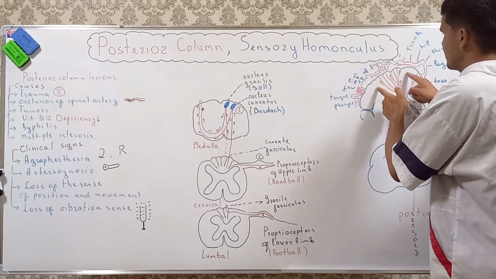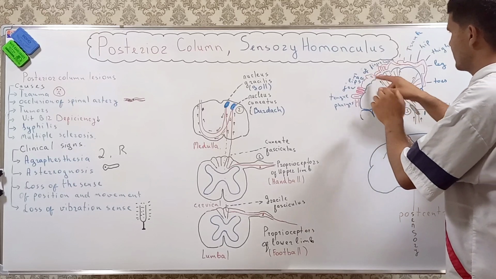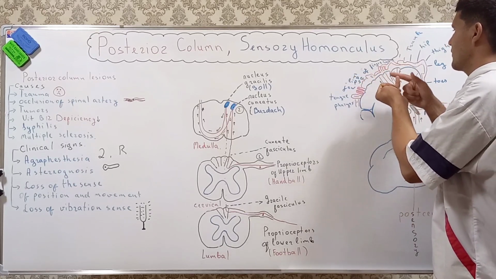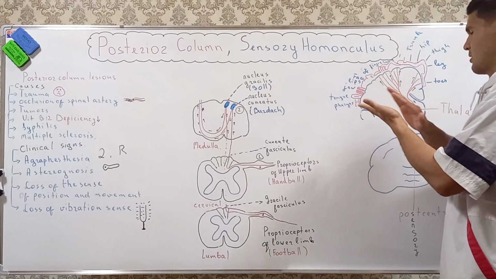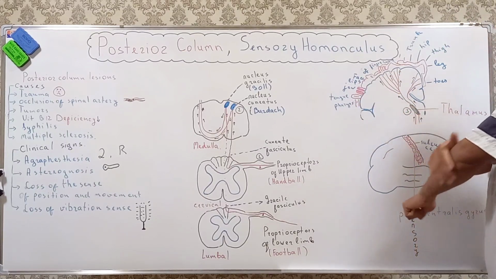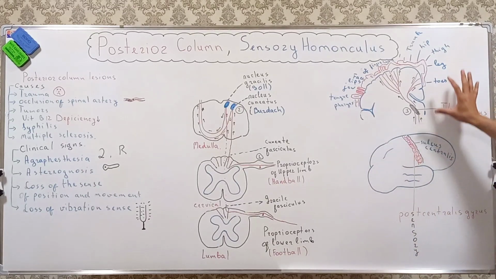This part of the hemisphere is responsible for our upper limbs. There's the thumb, index finger, middle finger, ring finger and little finger, and our hands, shoulder and other parts of the upper limbs. Okay, that's how it is.